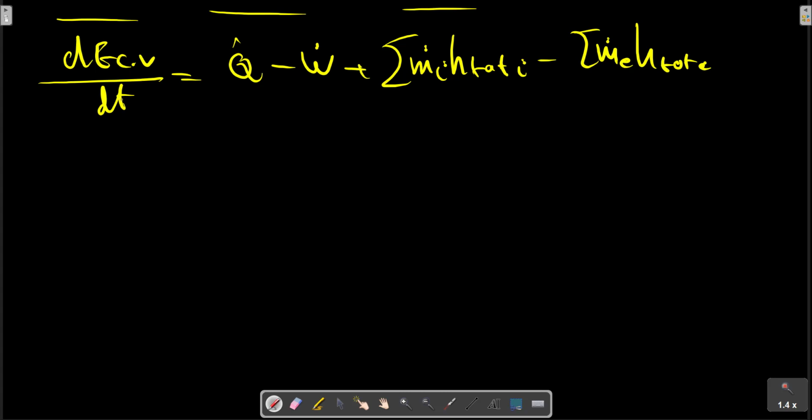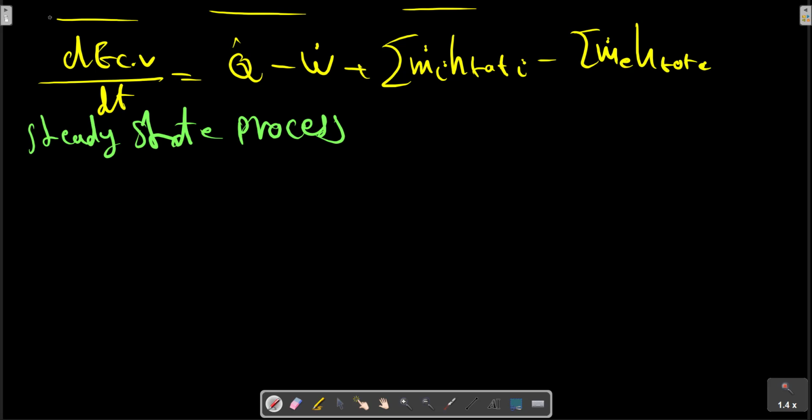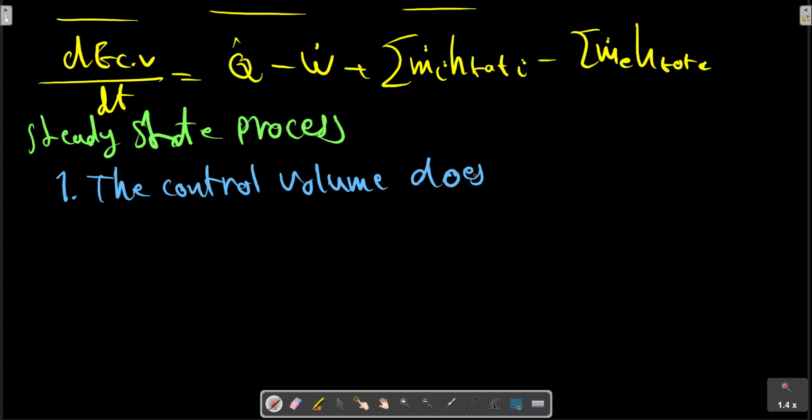For a steady state process, the control volume does not move relative to a coordinate frame.